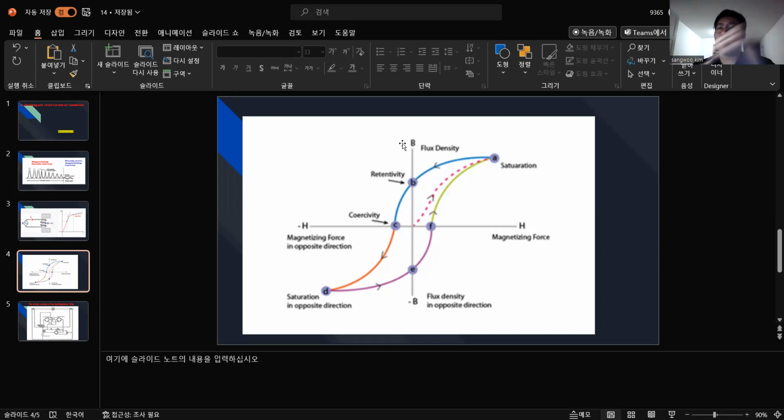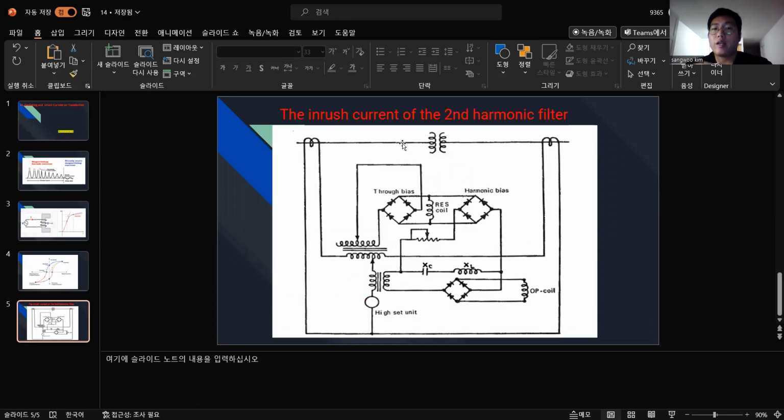Here's one example: inrush current mostly includes second harmonic waveforms. So we also use second harmonic filters, one of the ways.